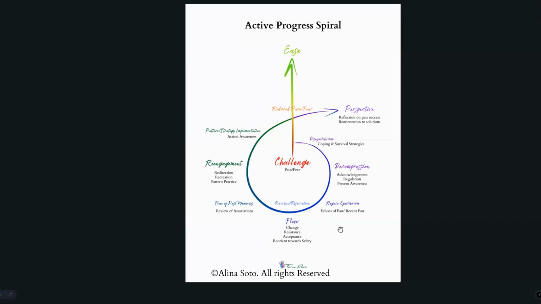So ideally in this stage, we're basically just gleaning a whole bunch of little gems of insight, right? And this is going to create a very awesome next phase that can also be kind of scary if we don't understand what's happening. So once we get all these gems, the brain's going to be like, okay, we need to apply these, right? So we're going to go into this next phase called the flow of past memories.